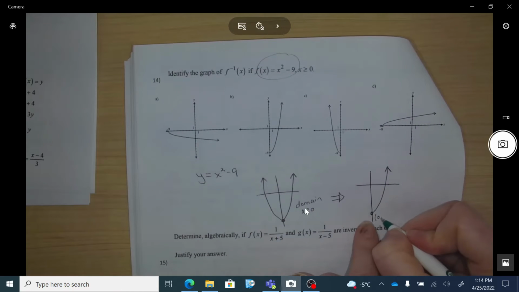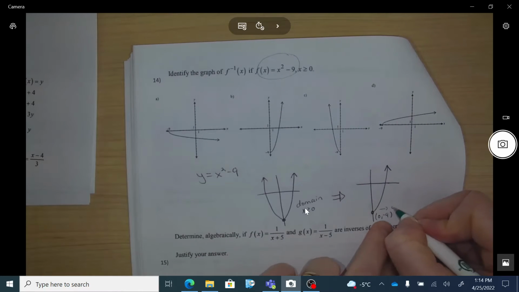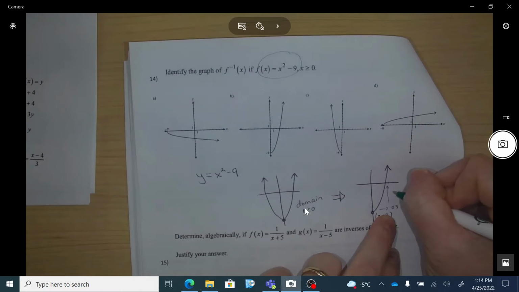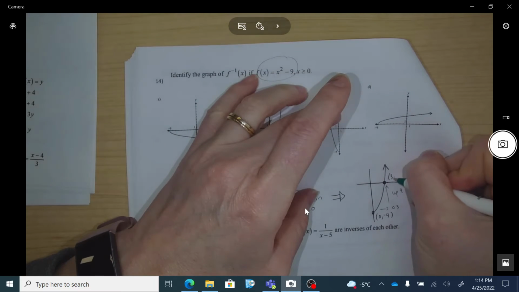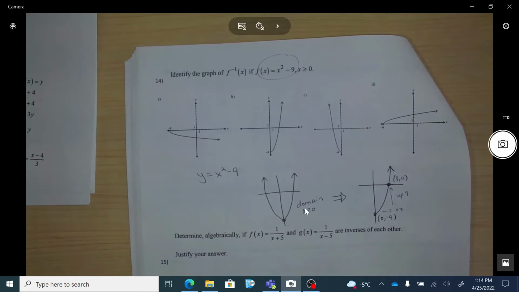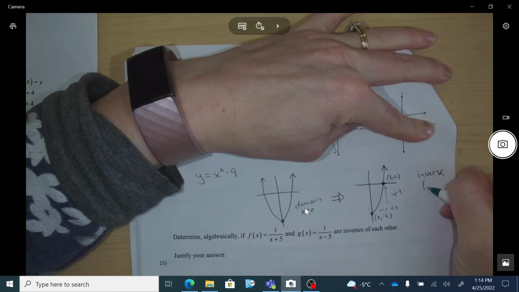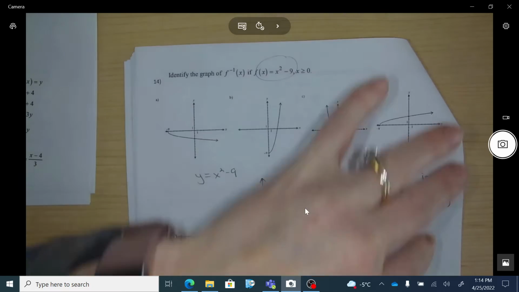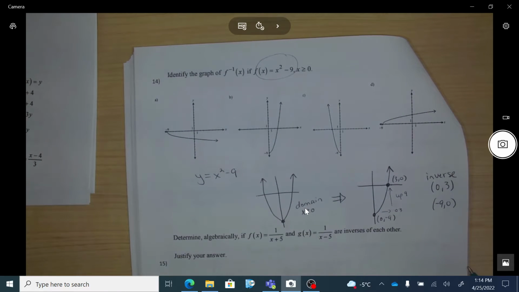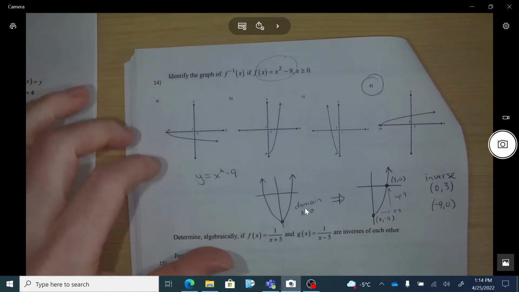So this point is 0, negative 9, and if we go over 3, up 9, this coordinate should be 3, 0. So the inverse would have a 0, 3 and a negative 9, 0 on it. So looking for those two coordinates, it would be this one, D.